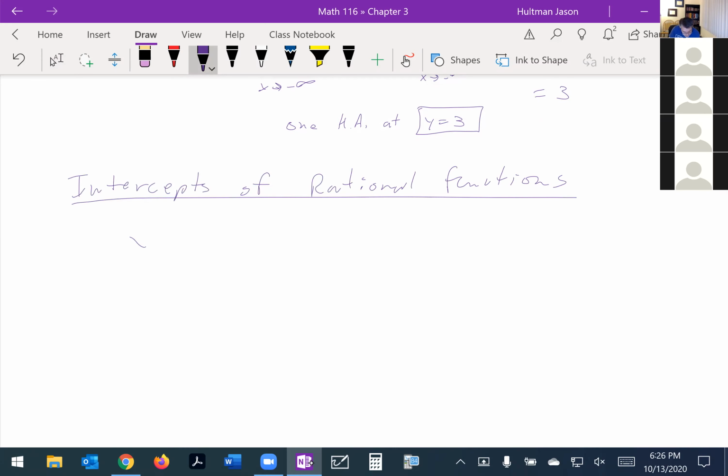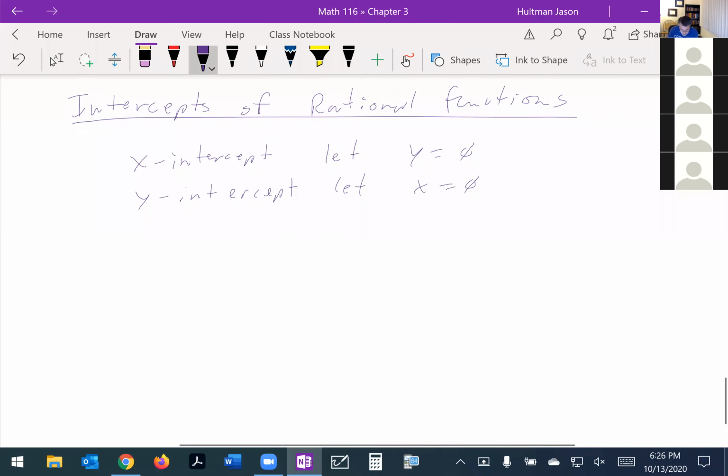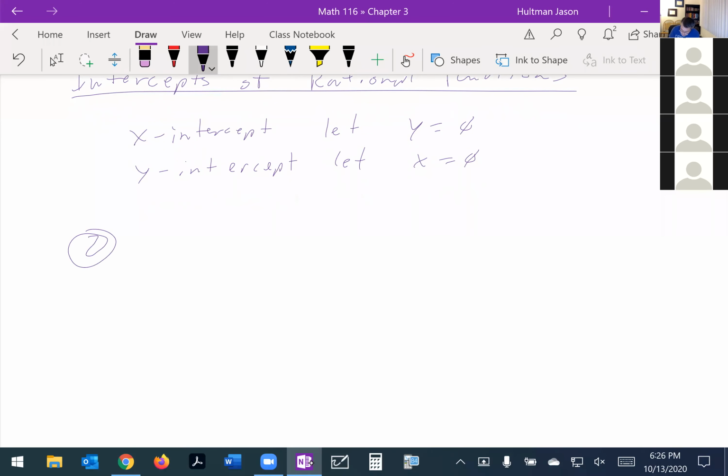We want the x-intercept, and to find the x-intercept, we let y equal 0. To find the y-intercept, we let x equal 0. So let's look at example 2 here.